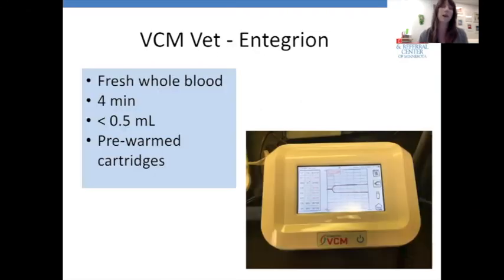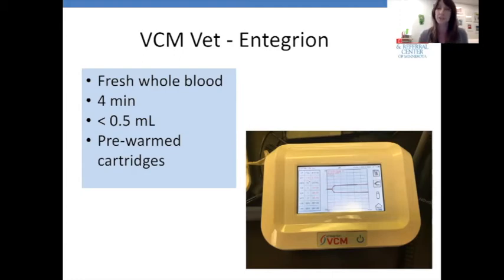Just to back up, with this machine, as you probably can see, there's no cup, there's no pin. It works very differently than the other machines in that there are 2 slides that rub back and forth, and the machine evaluates some sort of physics parameter with the clot and the slides and the tension that's created there.